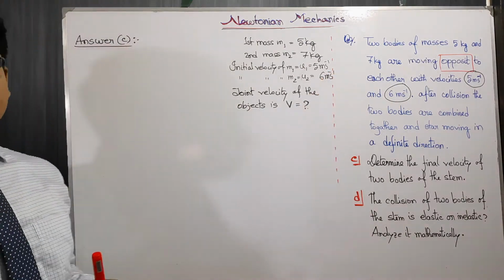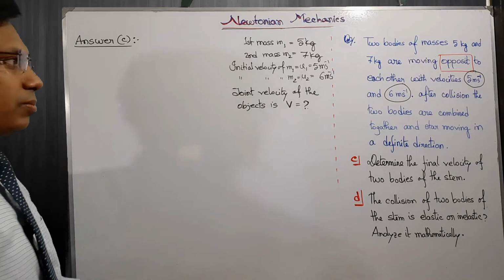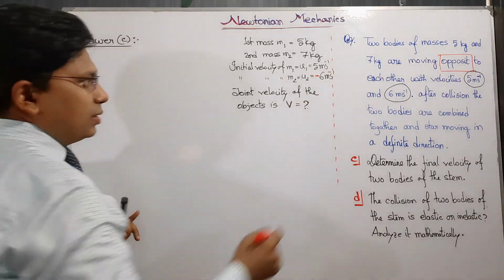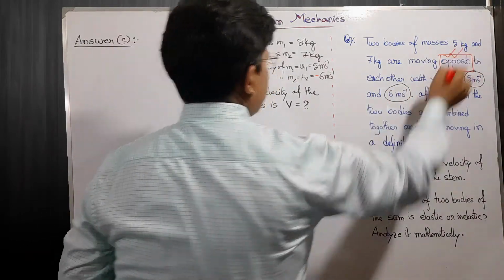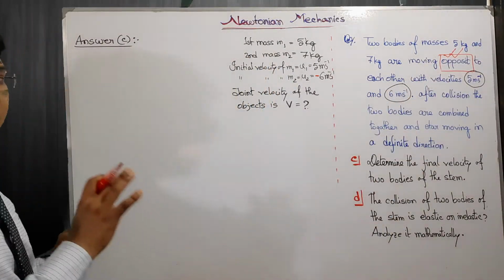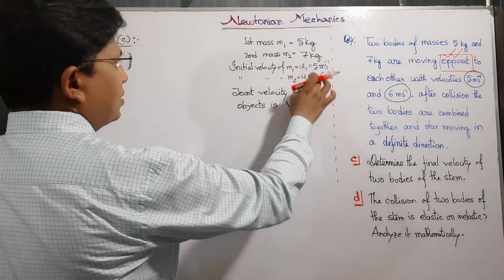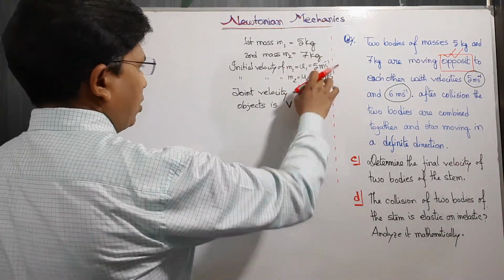But a very important sign is the negative sign. We need to use it in front of the 6 because these two objects move in opposite directions, so we must use the negative sign on any one velocity. We consider the minus sign on the second object's velocity.